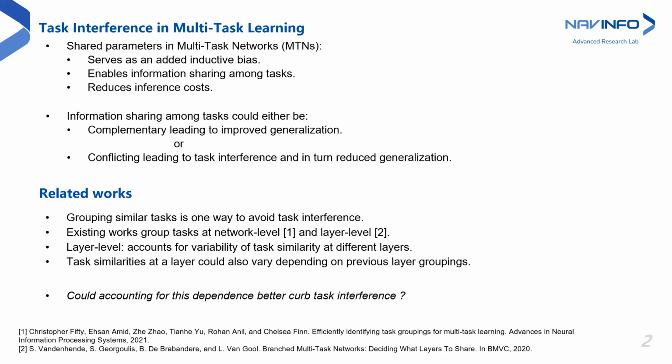Layer level grouping across all layers could be done directly based on single task networks. However, this does not account for the variability of task similarity depending on how tasks have been grouped in previous layers. Our work revolves around the question, could accounting for this dependence better curb task interference?